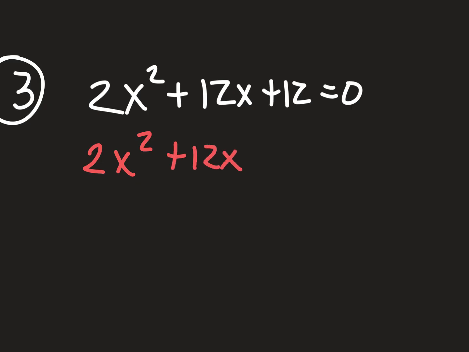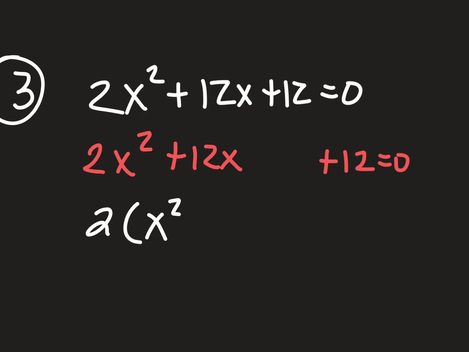Because once we get in complete the squared form, which is vertex form, then you can just add something to both sides, square root it. All right. Two factors out.